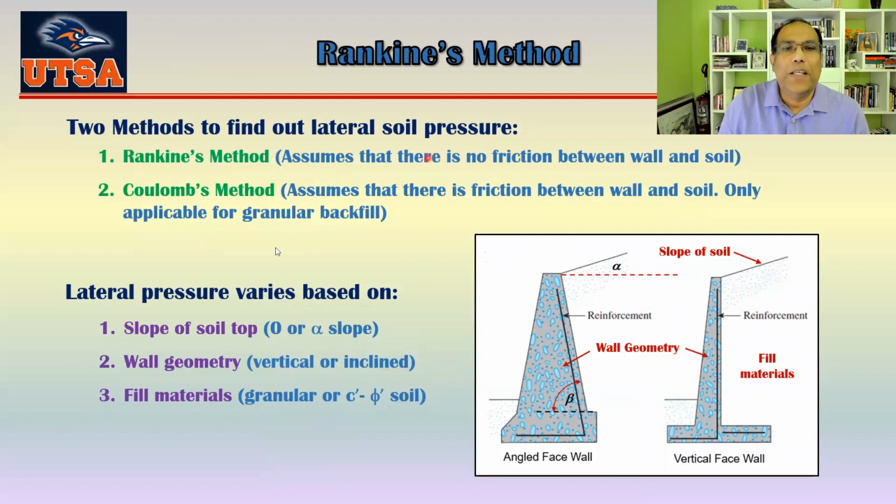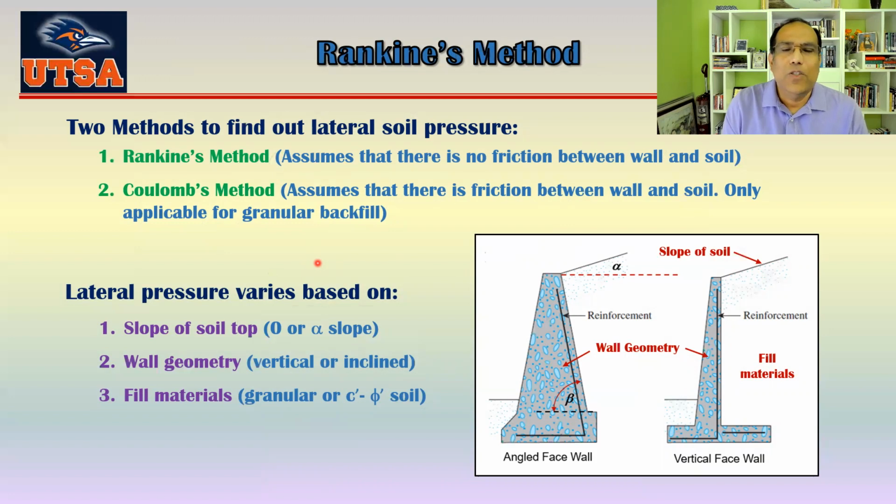so there are two methods to find out the lateral soil pressure. One is Rankine's method, the other one is Coulomb's method. The difference between these methods is that Rankine's method assumes that there is no friction between the soil and the wall. The wall is just frictionless. On the other hand, Coulomb's method assumes that there is friction between the soil and the wall.